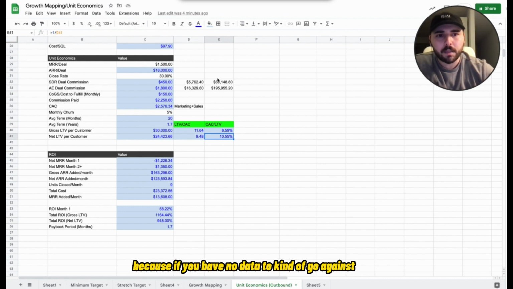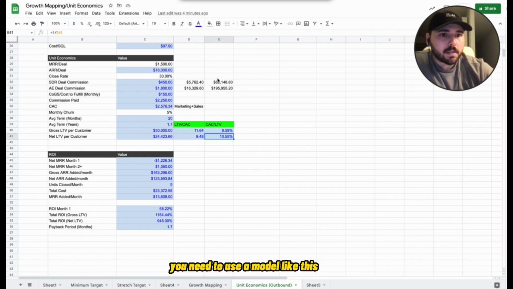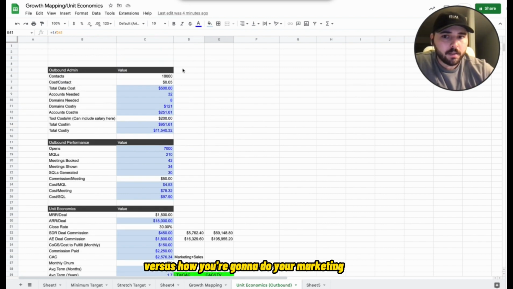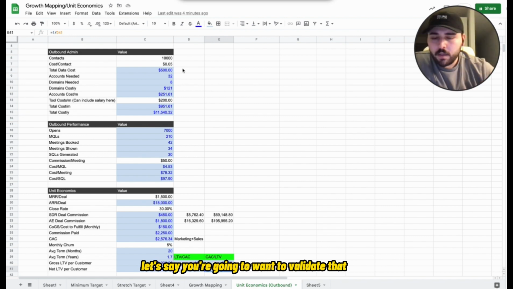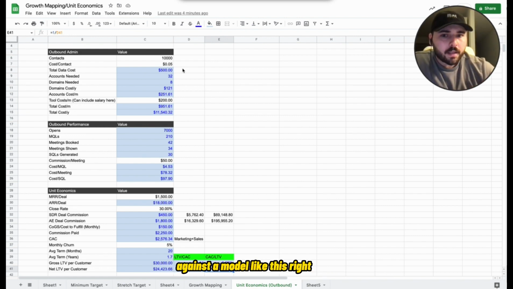And this is how you would do that, because if you have no data to go against, you need to use a model like this to see if what you're going to charge versus what you're going to pay your reps versus how you're going to do your marketing, using just industry average numbers, let's say. You're going to want to validate that against a model like this, right, as you actually start to carry out those activities.